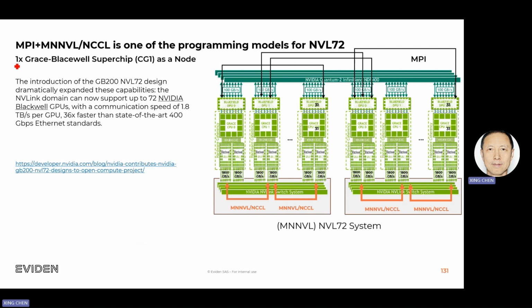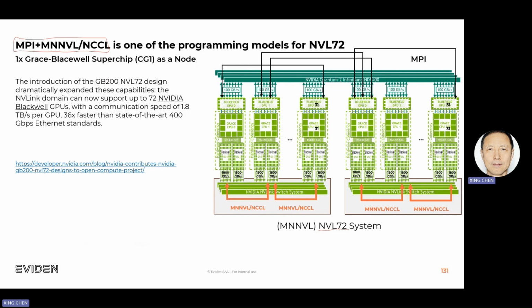Okay, MPI plus NCCL, MPI plus MNVL-capable NCCL is the other option for programming this kind of NVL72 system. So MPI plus NVL NCCL is another one of the programming models for NVL72. So if you have two NVL72 domains, you are going to have NCCL communication within each domain.